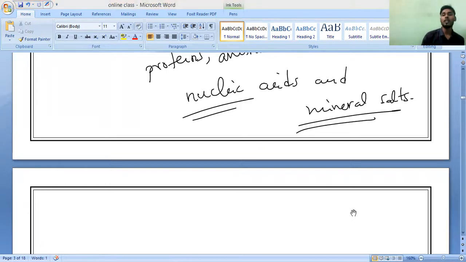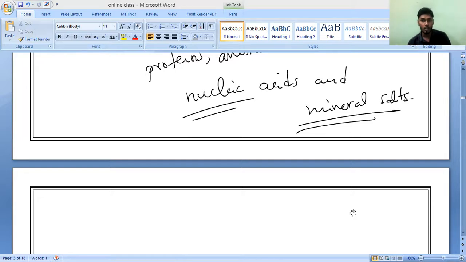This unique combination of elements and compounds provides living nature to protoplasm. That is what you have to understand. So the combination of these elements plus compounds mixed together, then only they will provide living nature to protoplasm. That is a very important point.